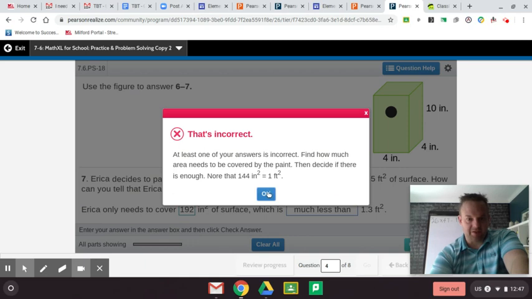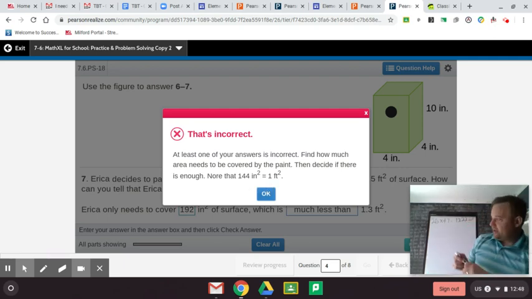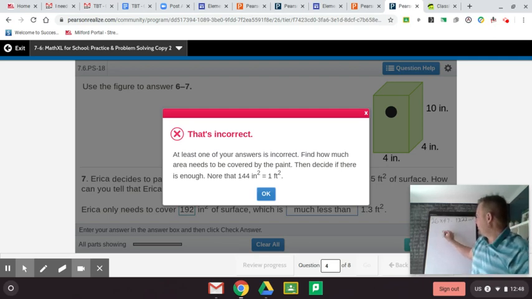Whoa, okay. Now, read this here. 144 inches squared equals 1 foot squared. All right. So what we're going to do is 144 inches squared equals 1 foot squared. And the reasoning is, if this is a square foot, 1 by 1, that's 1 foot by 1 foot, which is also equal to 12 inches by 12 inches.